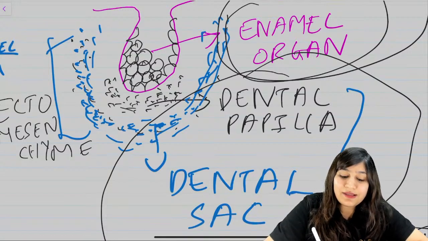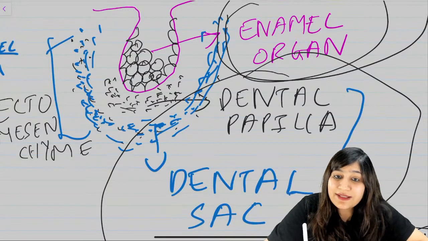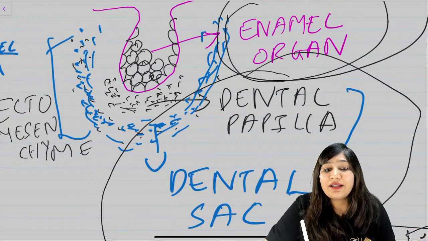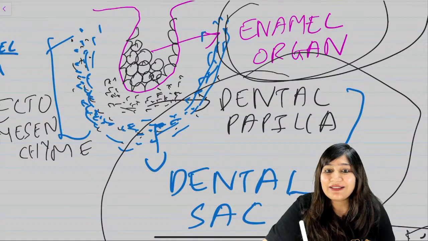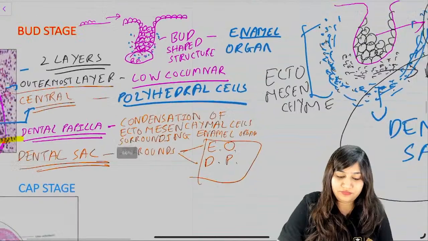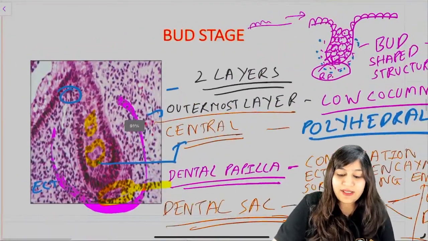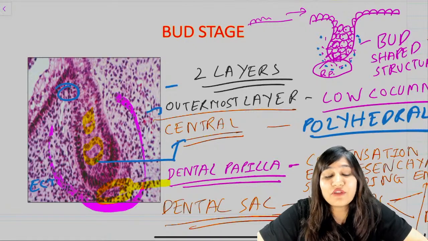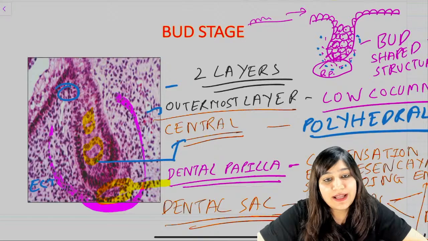And condensation of ectomesenchyme surrounding both enamel organ and dental papilla is our dental sac. So bud stage we have completed. Because of the proliferation of the basal cells of the oral ectoderm, we are getting our bud shaped enamel organ.